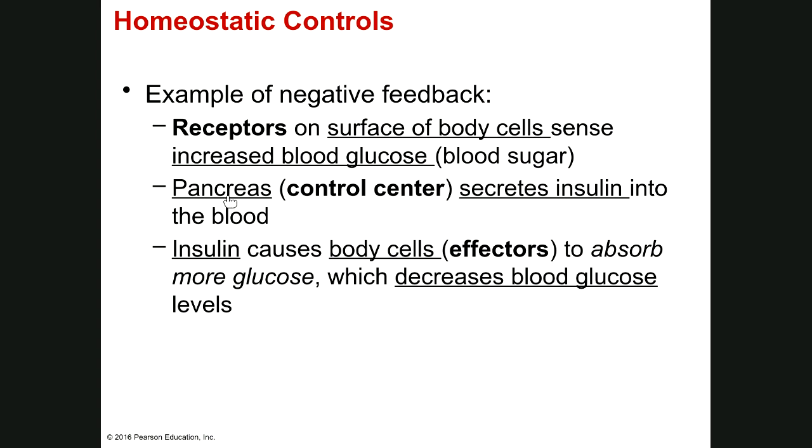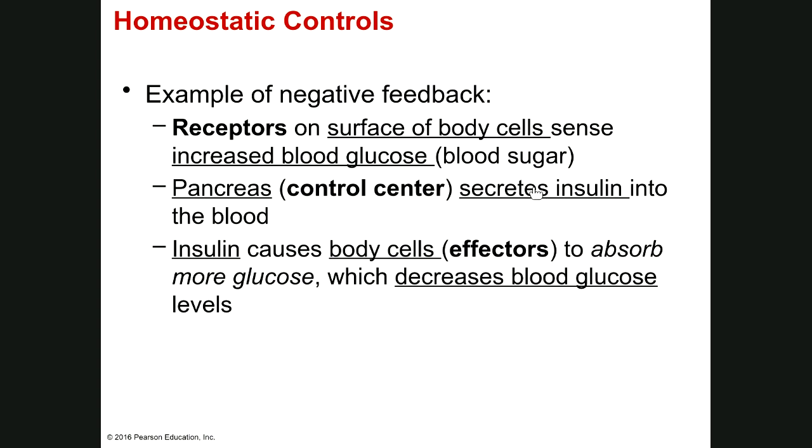And remember I said the pancreas is actually part of the endocrine system, and the endocrine system is often involved here as a control. So the pancreas is going to respond to this input from these receptors with a certain action, and that action is to secrete insulin into the blood. Now, what's insulin? We could talk about this all day too, but I'm hoping you'll cover that in part 2 of this course.